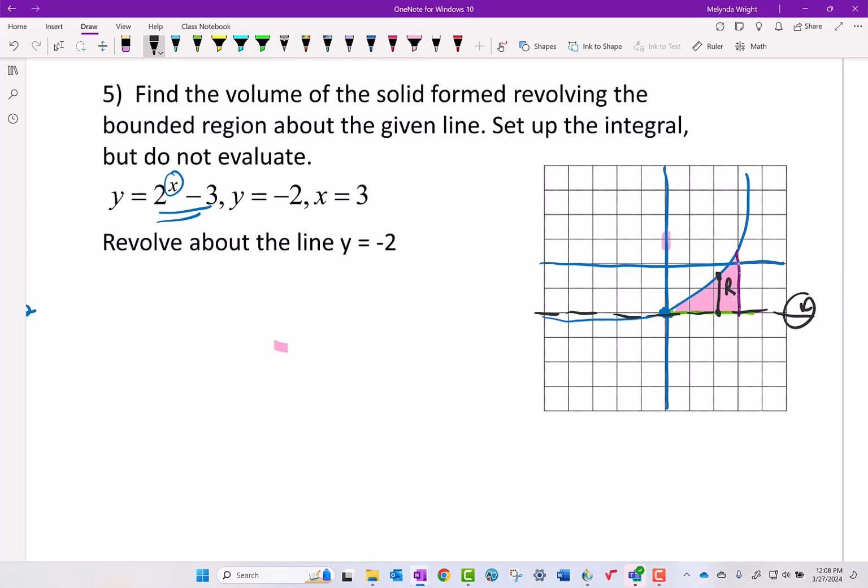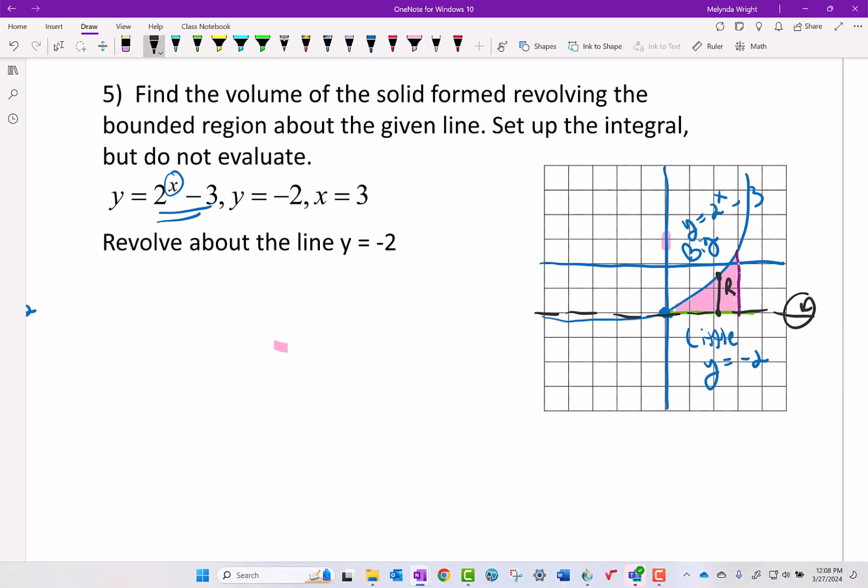This is R. And so big is up here. Big is y equals 2 to the x minus 3, right? And little is down here, and little is y equals negative 2. That's my big, and that's my little.